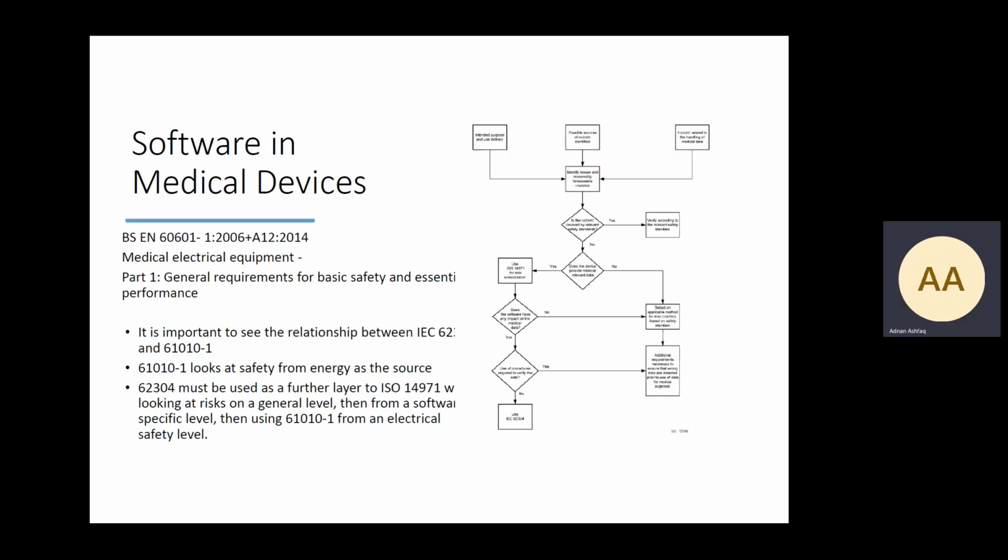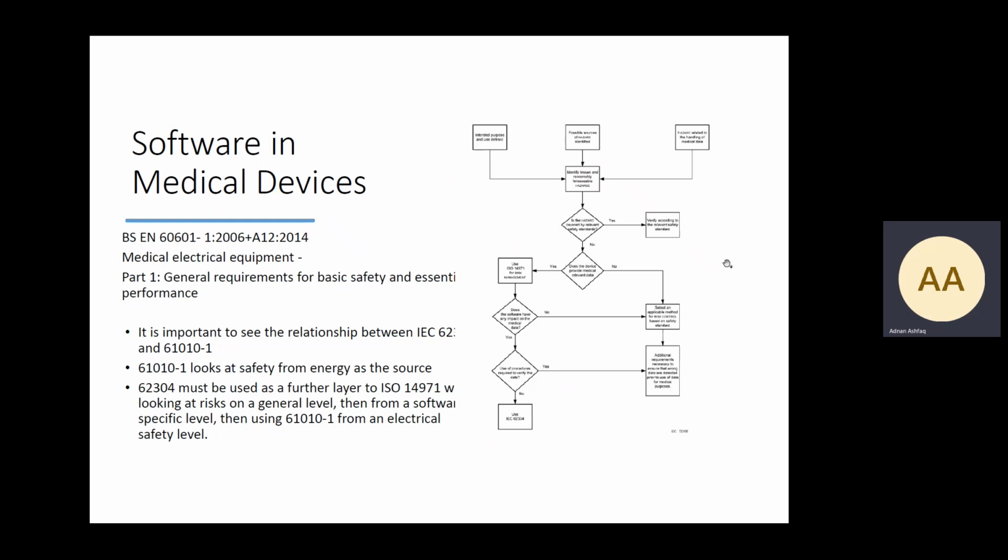So then we move on to 60601, which I'm going to talk about very briefly because it's not the focus of this presentation, but it is important if there are electrical requirements and you need to see the relationship and look at the safety from an energy source, and then also look at the risks involved from electrical safety level.